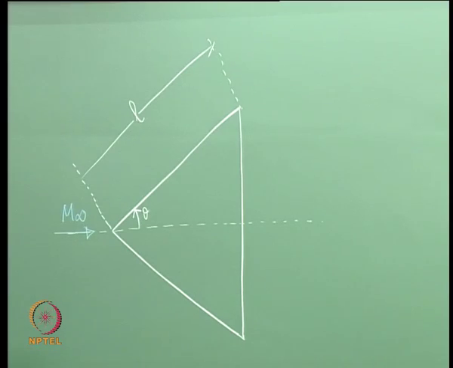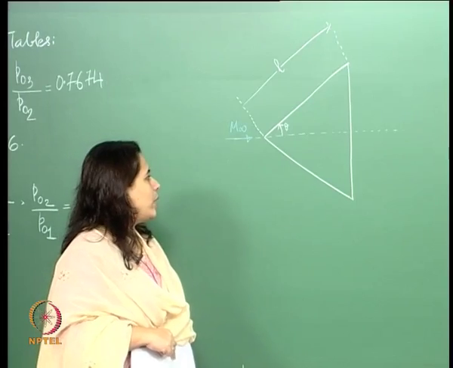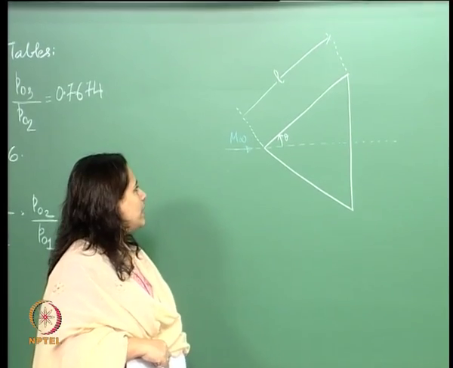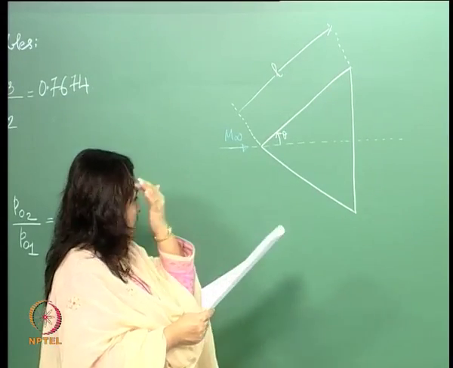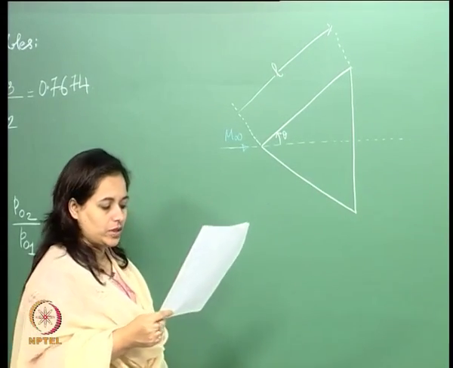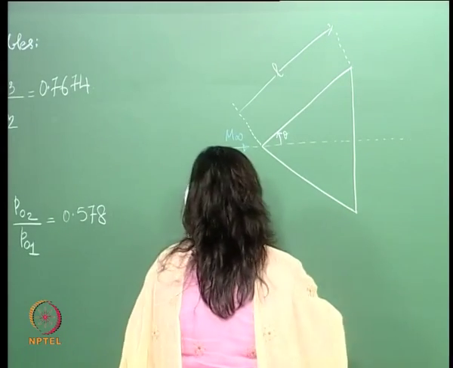So basically we have a wedge like this. So the Mach number is given, the theta is given. What we need to calculate is the drag coefficient for this wedge, and something else is also given.